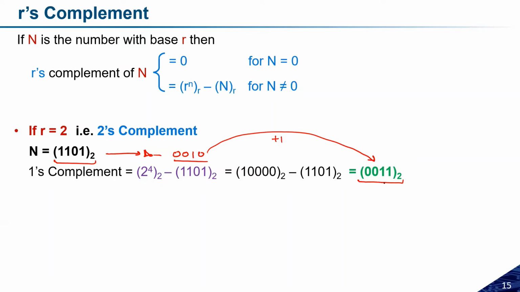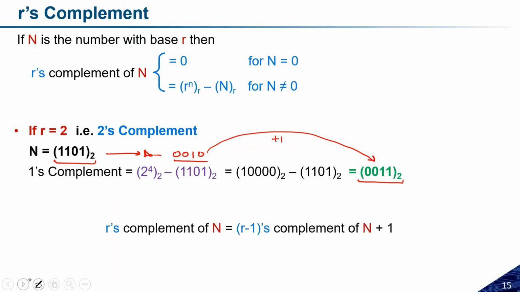So what does it mean? It means that if I have the r minus 1's complement of any number, and I add plus 1 to that number, I can get the r's complement. So the r's complement is nothing but the r minus 1's complement of the number n, plus 1.